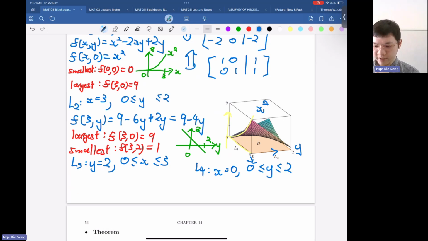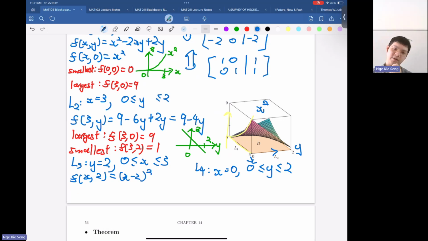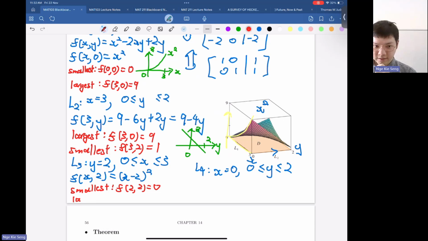The function you get should be a quadratic function here, centered at 2, the smallest and largest here. Smallest is at F(2,2), and then largest is at F(0,2). Okay, correct? Agree? Okay.